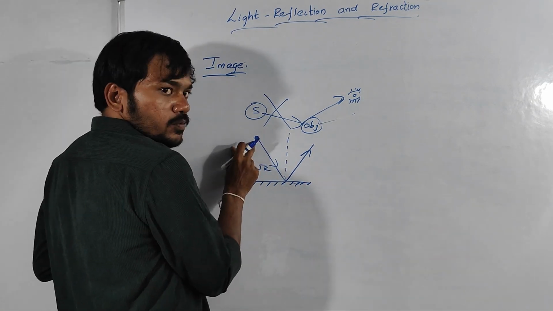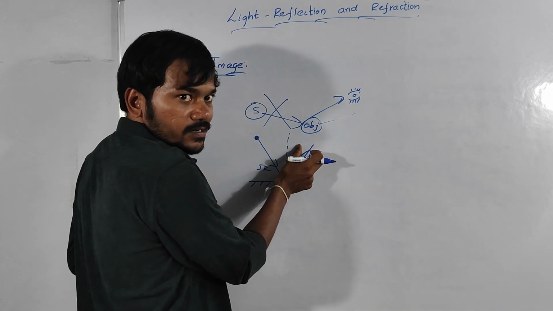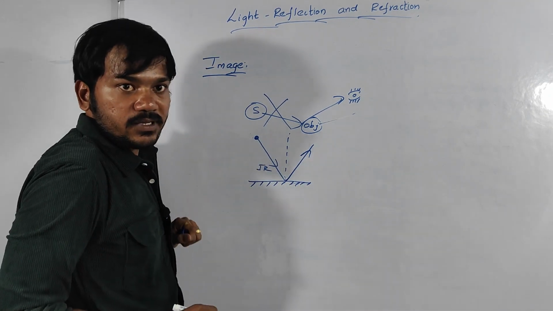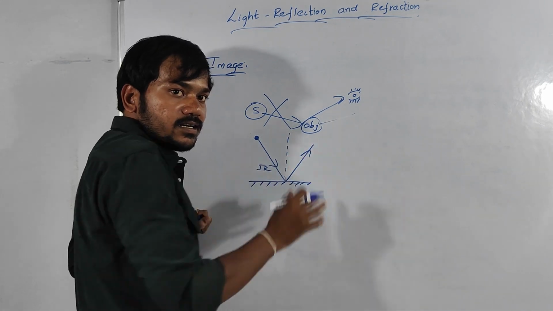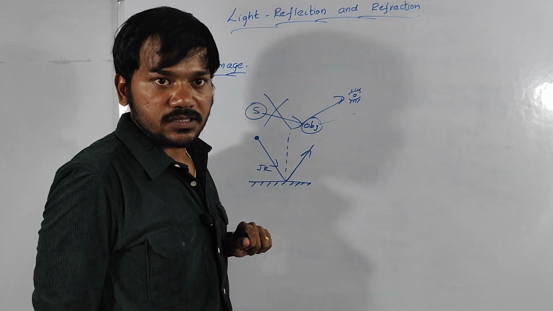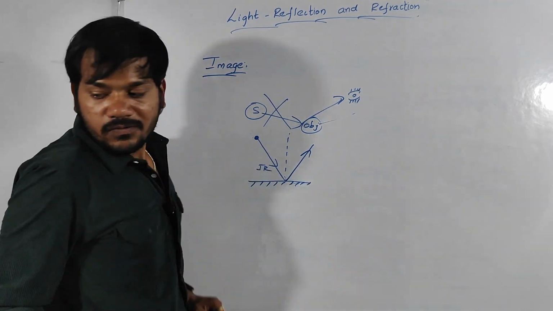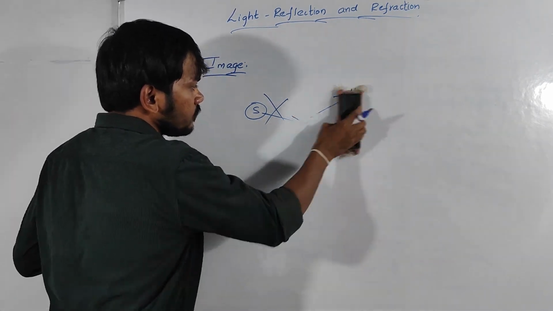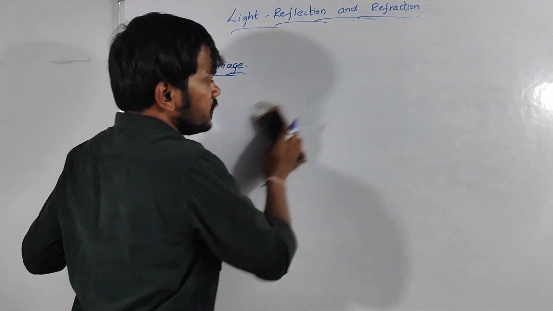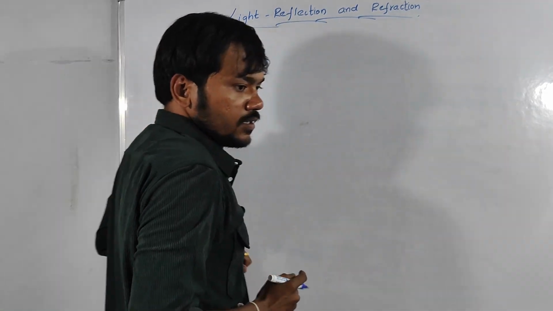Now this is said to be an object. And wherever these reflected rays meet, that is said to be an image. And where, for a plane mirror, are the images formed?